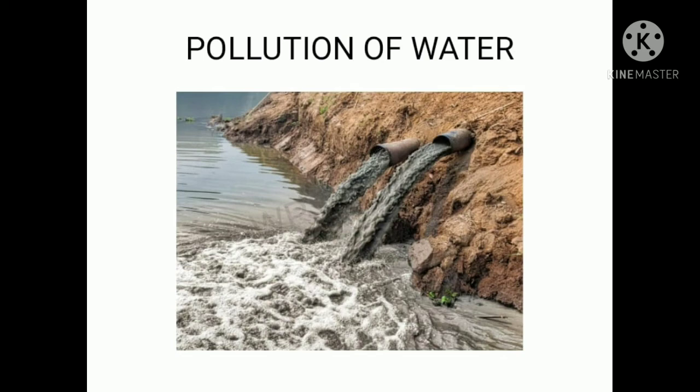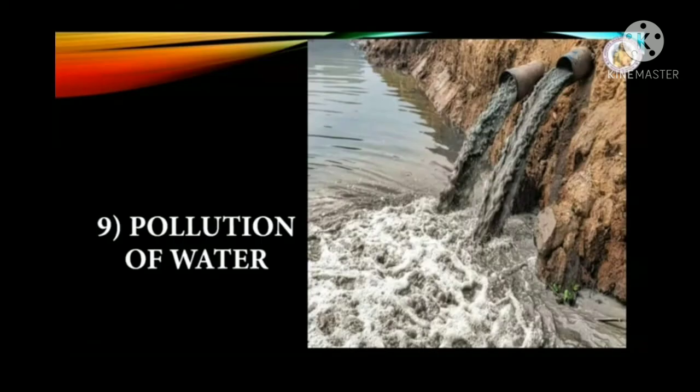Both surface and groundwater bodies are polluted to a great extent. The major causes of water pollution in India are urbanization, industrial effluents, sewage, agriculture runoff, improper agriculture practices, seawater intrusion, and solid waste.